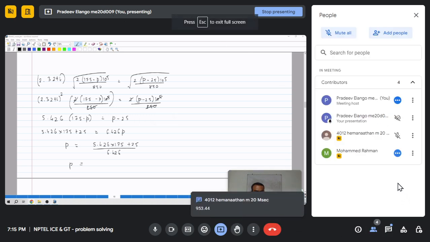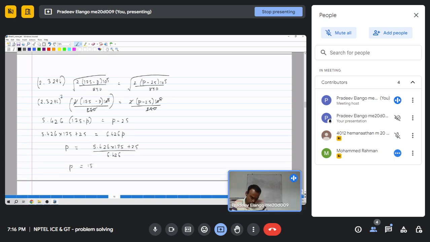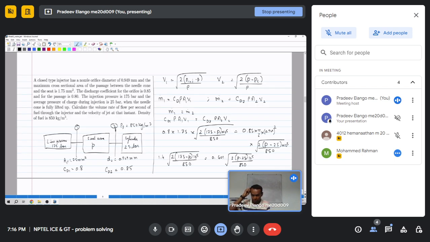Yeah, 151.6. I also got this, 151.65 bar. Hemant, you can check once. Anyway, it should be between, we know there are 3 chambers, and one chamber on the left hand side has 175 bar and the rightmost has 25 bar.